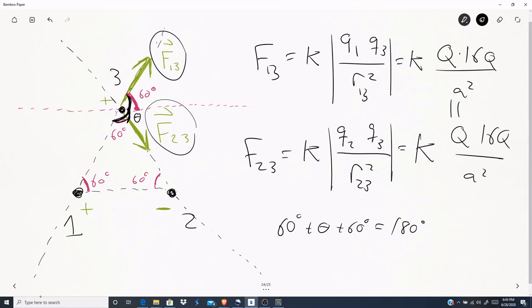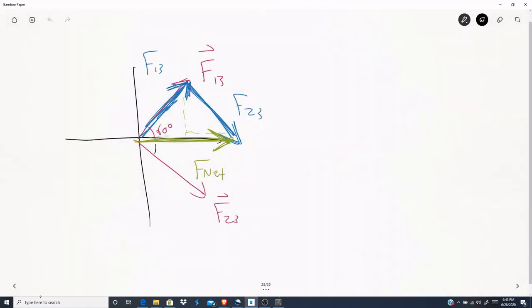They form a line. So that means theta is 180 degrees minus 120 degrees, which is once again just 60 degrees. Going over here, that makes this 60 degrees. This is a 60 degree angle. This is a 60 degree angle.